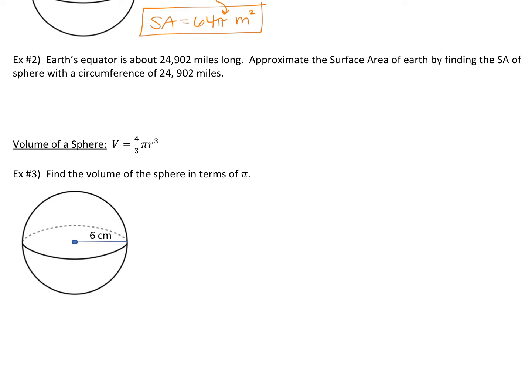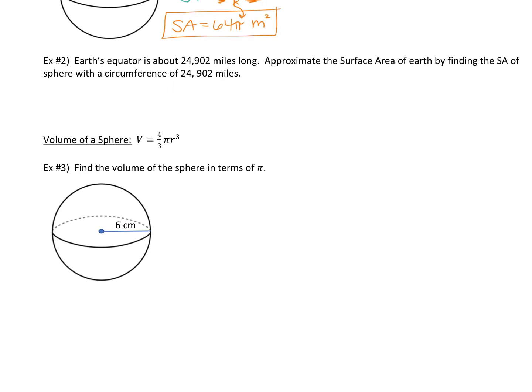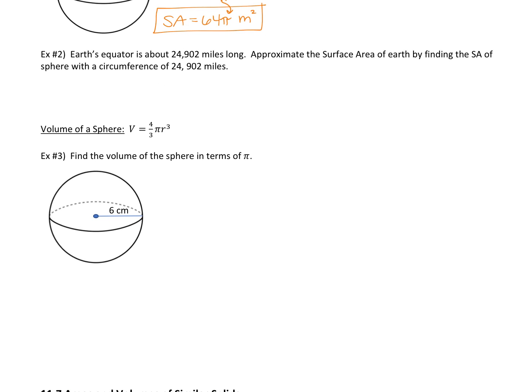Okay, so we're talking Earth here. Approximate the surface area of Earth by finding the surface area of a sphere with a circumference of 24,902, right? The equator would be the circumference of our great circle. Does that make sense?